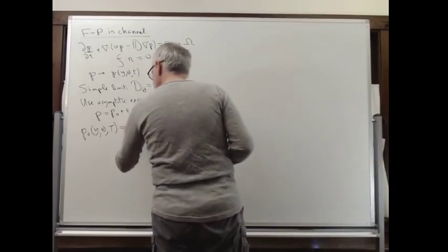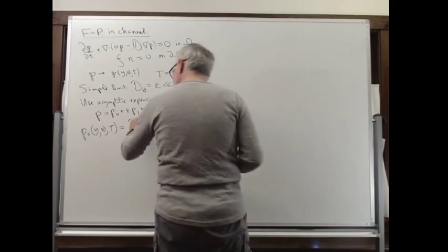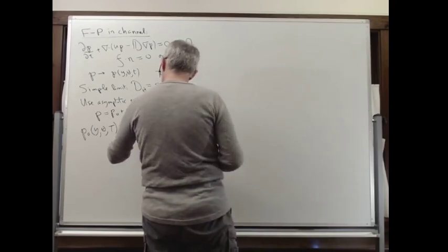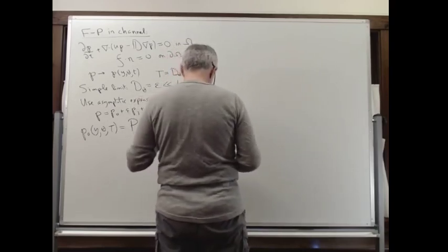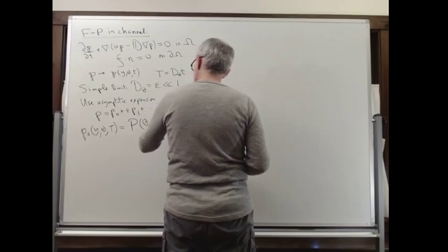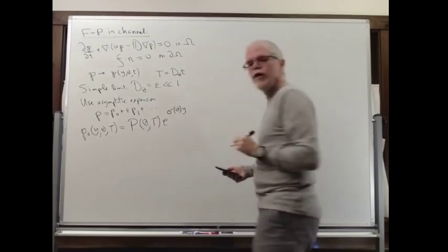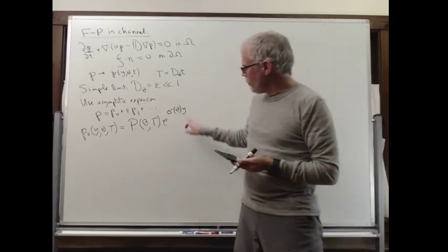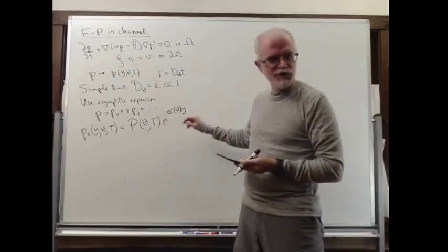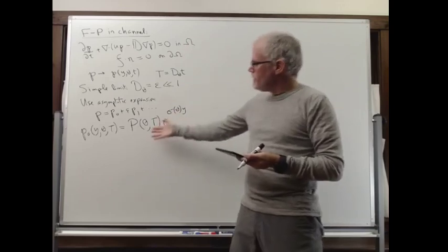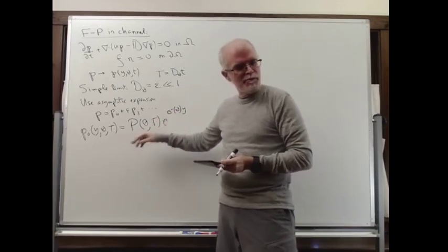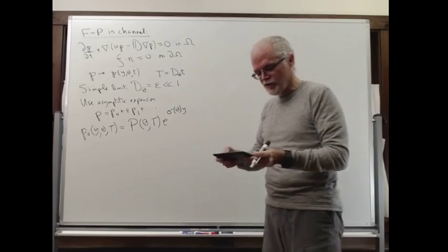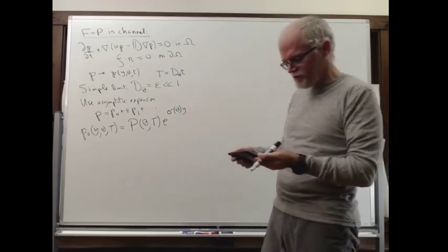So I can rewrite this, again in this expansion, as a function of theta and T times an exponential of sigma(theta) y. So the y dependence, in other words, separates because you solve for it at leading order. And then you have to find an equation for capital P by going to higher order in the asymptotic expansion. And I need to define some of these things for you now.